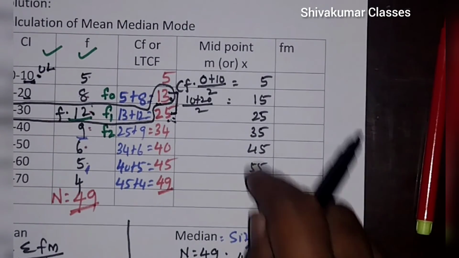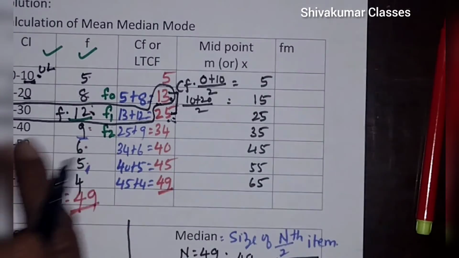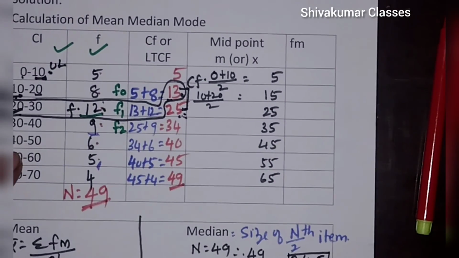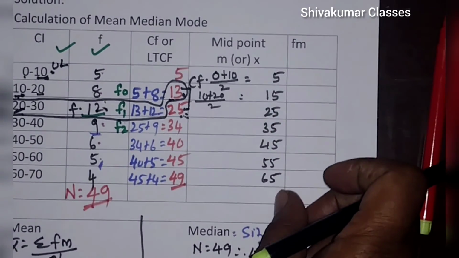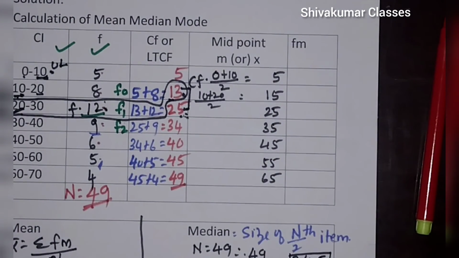What is the secret behind that? Your width is 10, so in the midpoints also you will get the same width of 10.